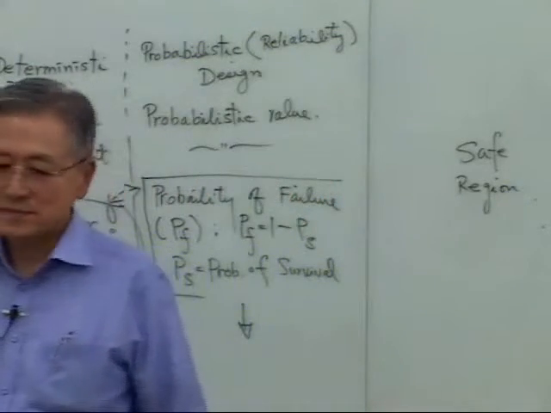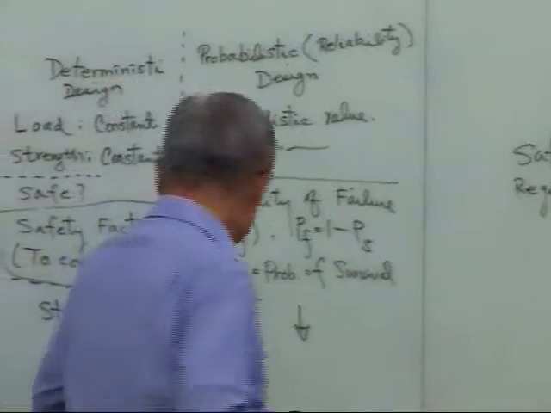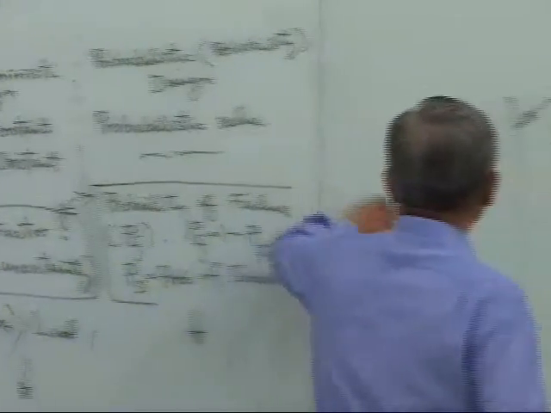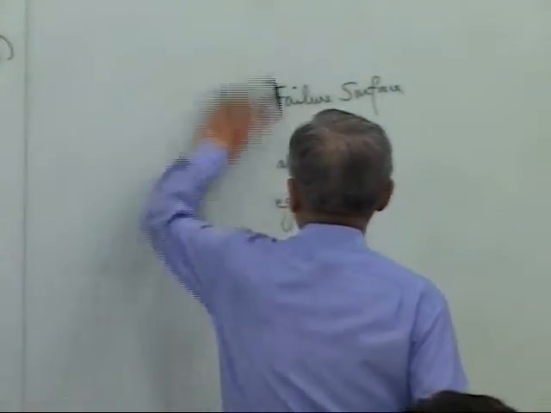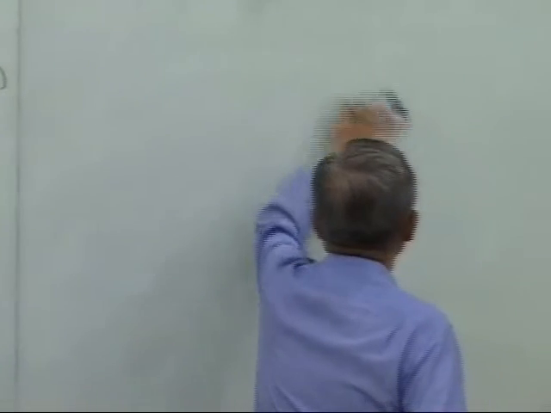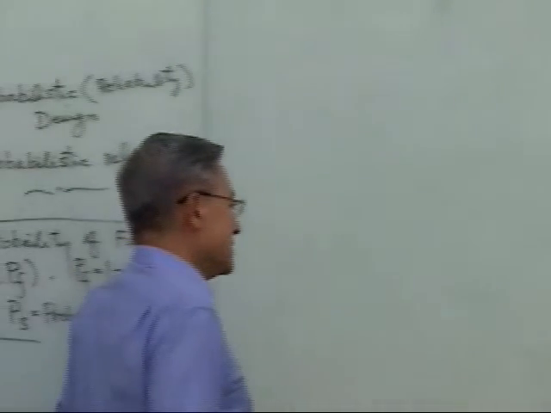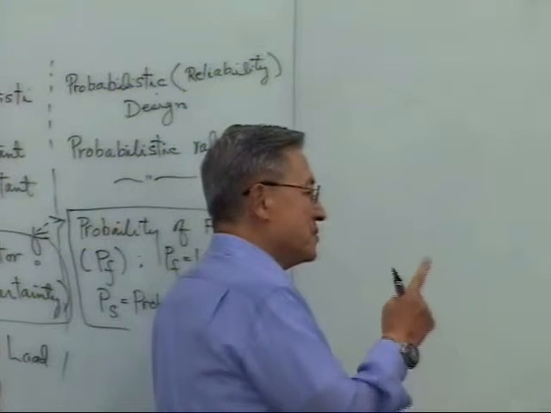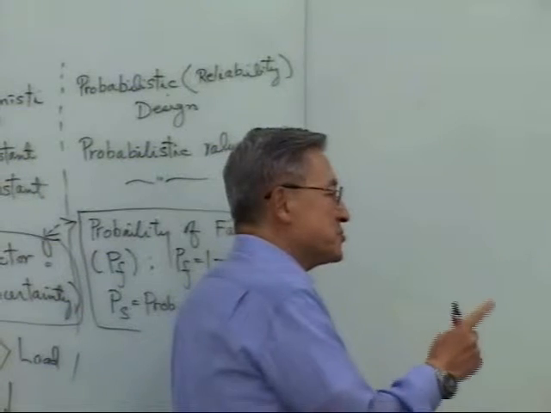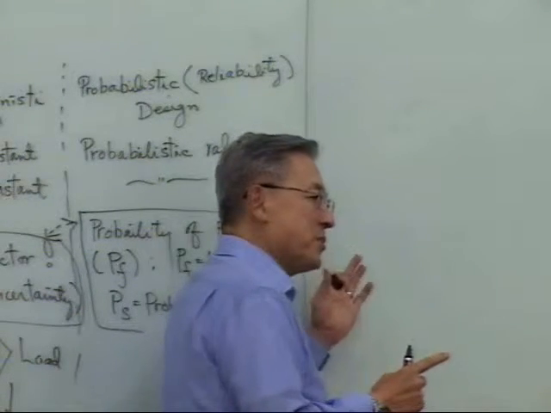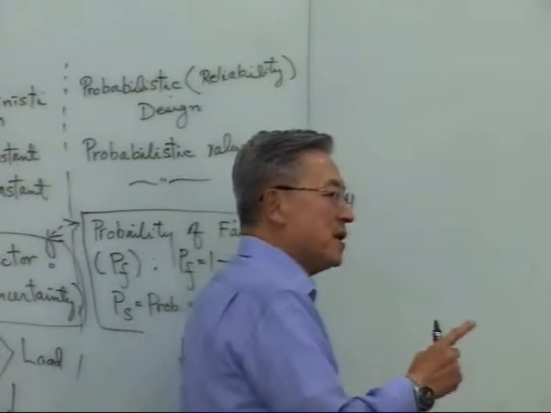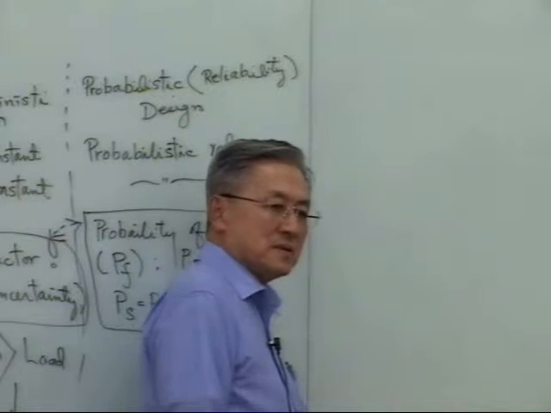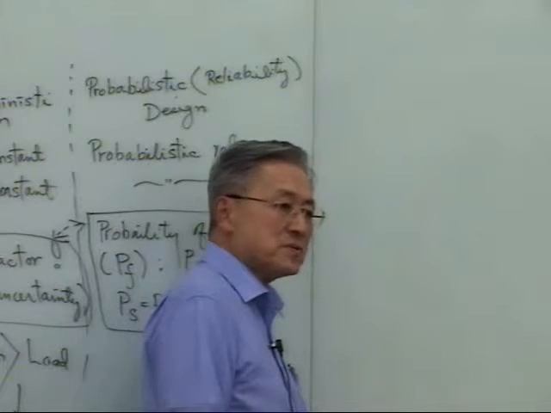So, for example, to conduct a reliability-based design and analysis work, I have to know the probabilistic distribution, for example, of load and resistance. If you don't know, it's very simple.